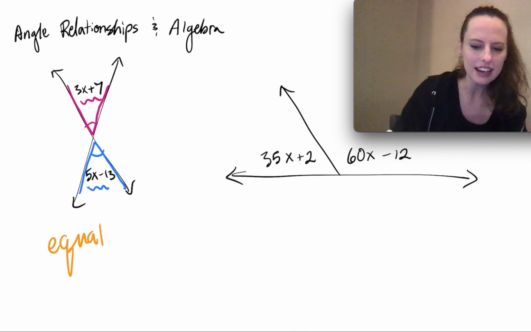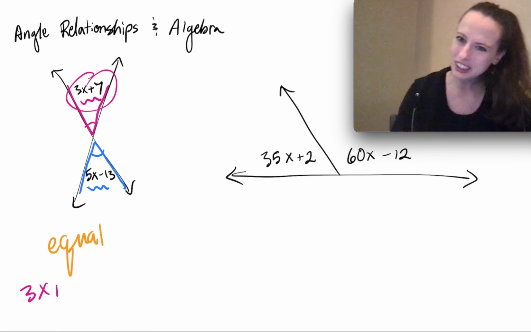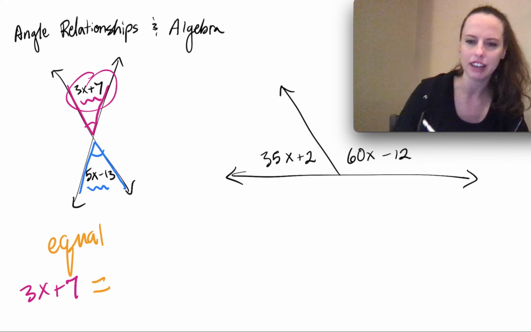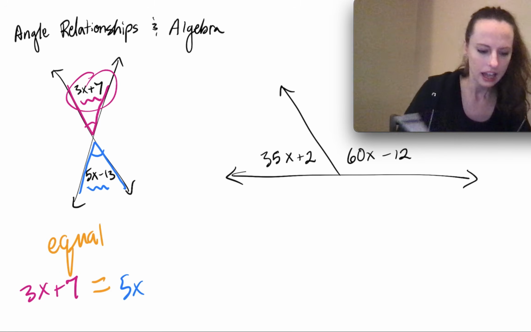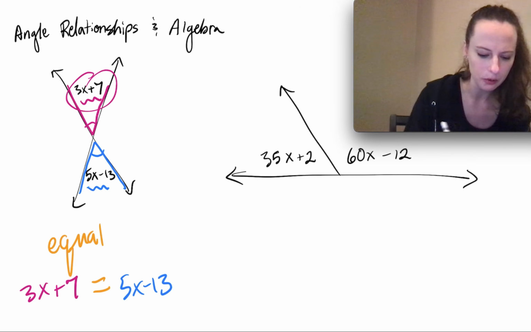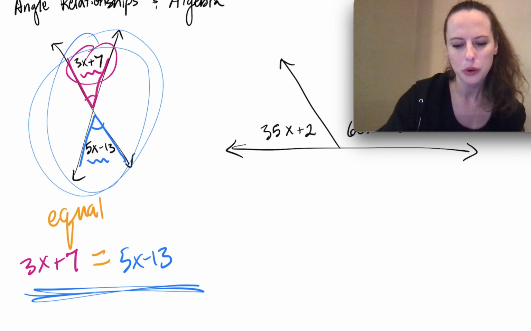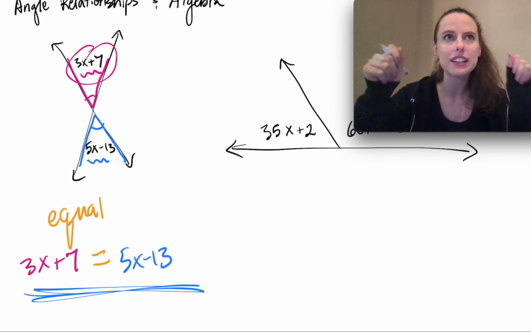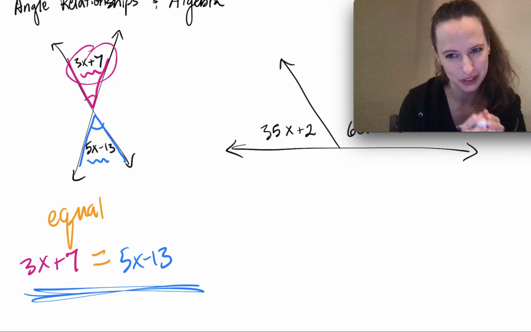So we can take this 3x plus 7, which represents one of the angles, and make that equal to 5x minus 13. And this is an equation that represents what we see going on in the diagram. So you can just take this angle and this angle, look at the relationship, and if they're equal, just set those 2 things equal to each other.